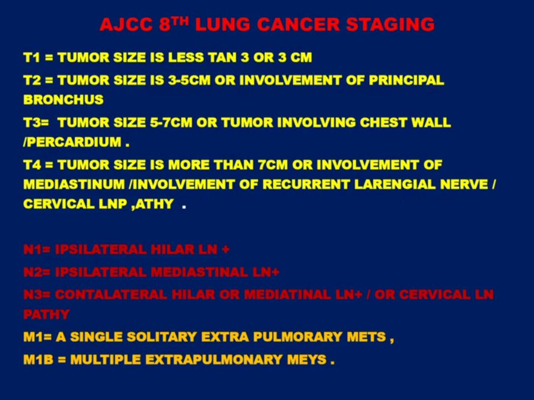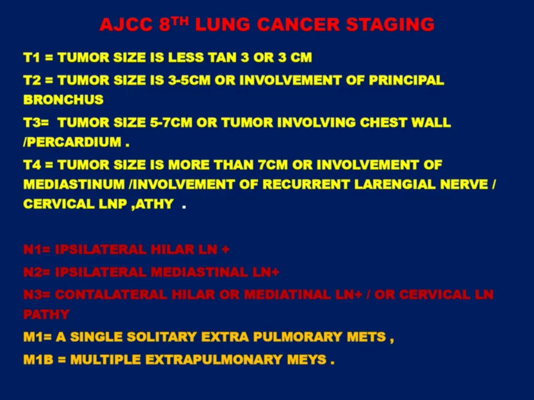And students must remember, for seeing the hilar lymph node, a chest X-ray PA view is sufficient, but for seeing the mediastinal lymph node you require a lateral view of the chest X-ray, because in the traditional PA view you cannot see the mediastinal lymph node.